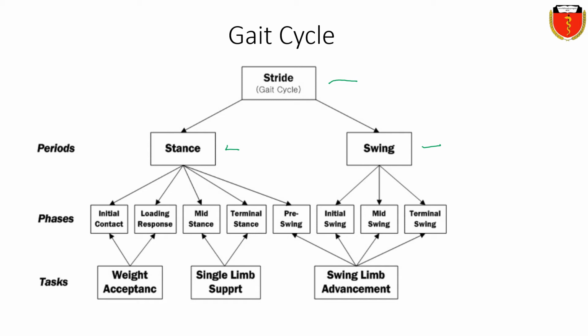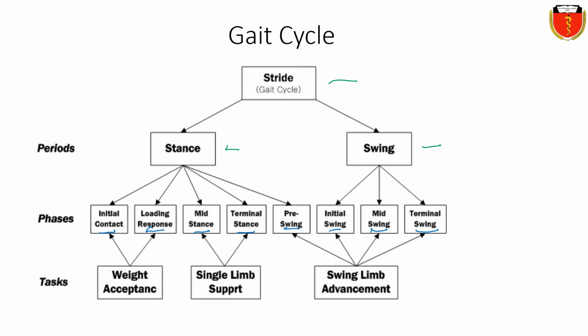When we're looking at the subphases of the gait, you have the initial contact, or you can call it heel strike in the old term. Then you have the loading response, or foot flat in the old term, and you have mid stance, which is the same, and then terminal stance, which is heel off, and pre-swing, which is toe off. You have initial swing, which is called acceleration, then mid swing, the same, and then terminal swing, which is called deceleration.